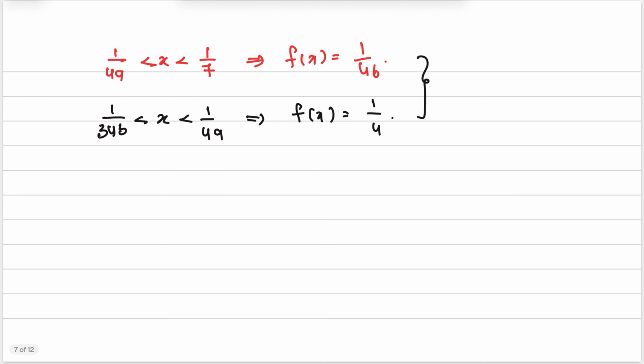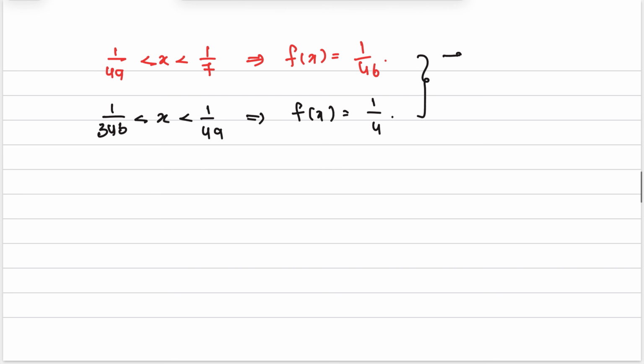Both these are constant functions. Here n is equal to 1, here it is n is equal to 2.